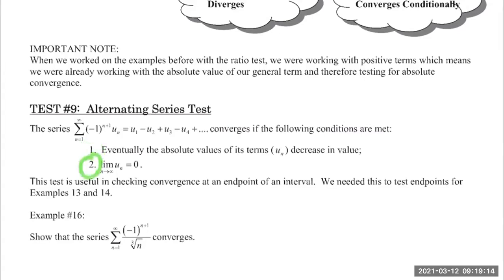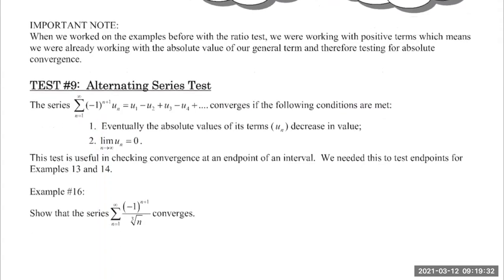The second statement is that if you take the limit as n goes to infinity of your nth term, it goes to 0. That guarantees that your terms get small enough, and your last term is indeed 0 out at infinity. And that's going to guarantee that it does converge.